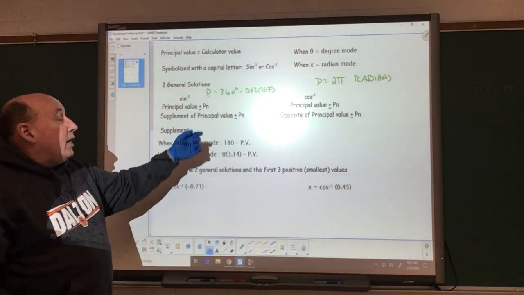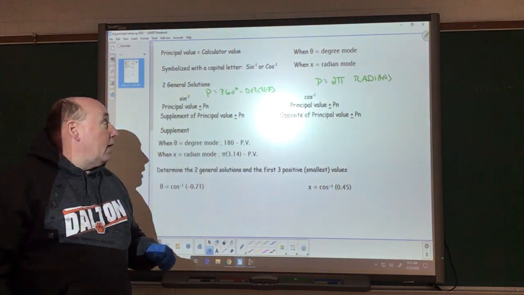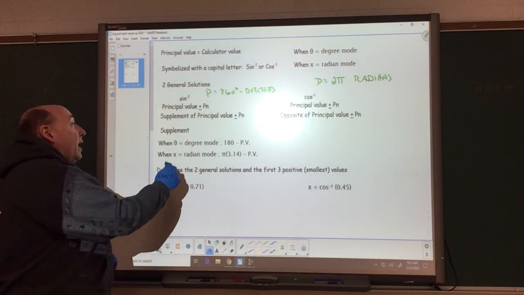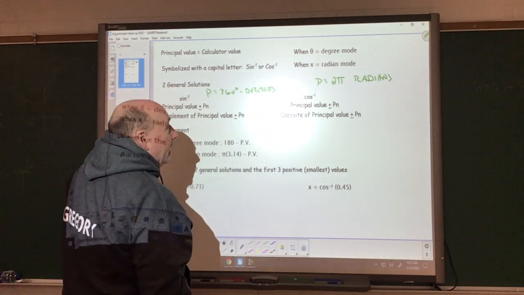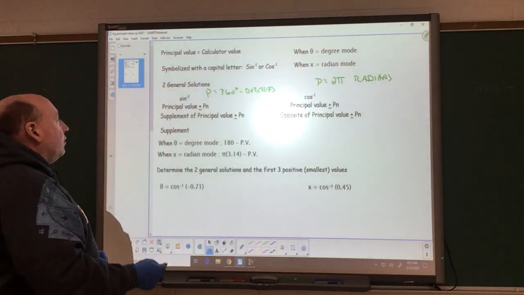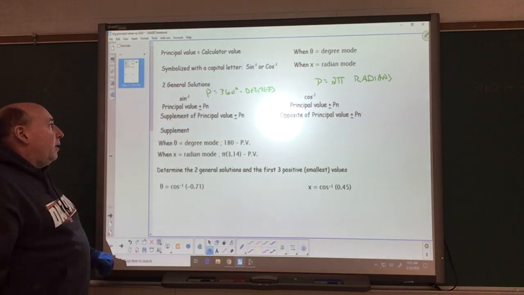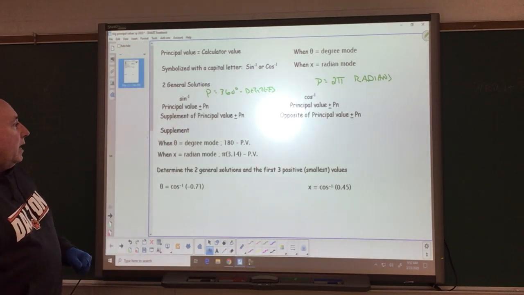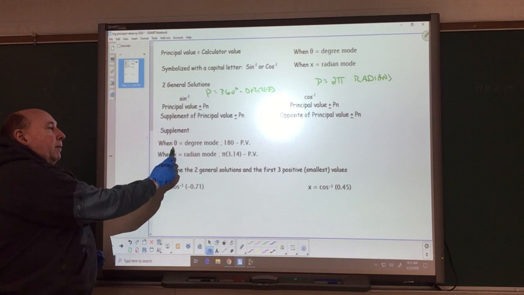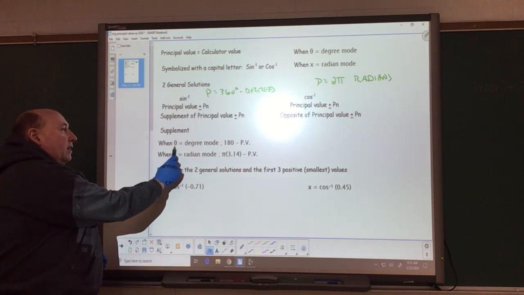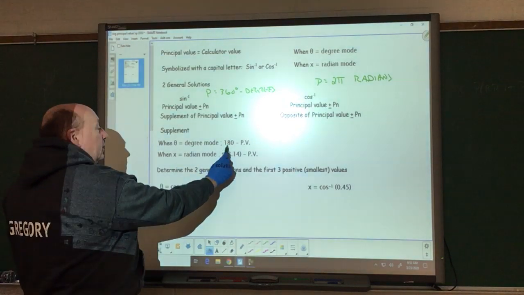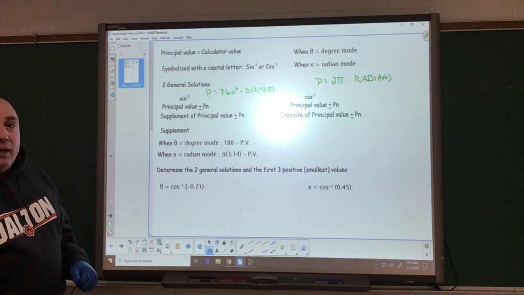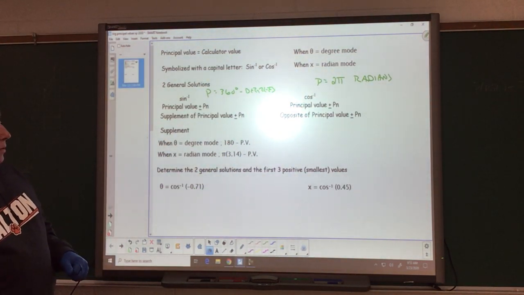So when we have the period n, you have to look to see: do I have degrees in theta, or do I have radians in x? For inverse sine, we have the principal value plus or minus the period n, and then its supplement. When in theta, we are in degree mode, and we calculate the supplement as 180 minus our principal value.